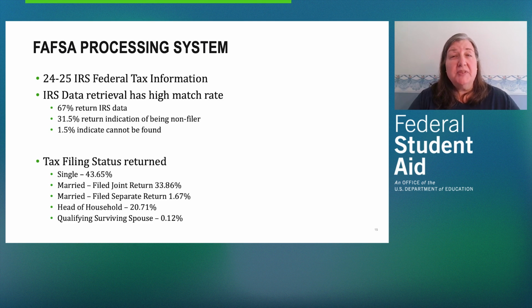We have a small percentage coming back as married filing a separate return. Head of household, that's a good percentage that's coming back as head of household. And then we have a very small population coming back as a qualifying surviving spouse. So we are just very pleased to see the amount of data and the matching that we are having with the IRS for the student and all of our contributors.